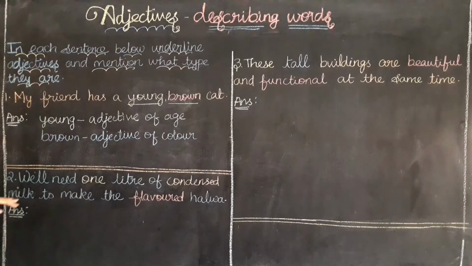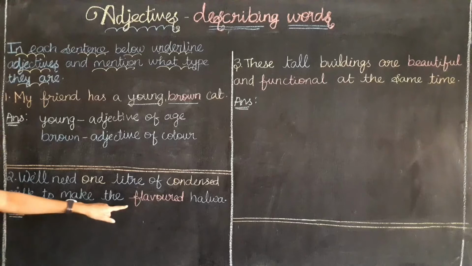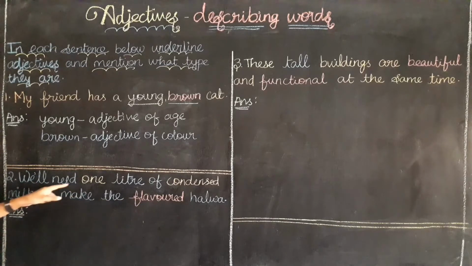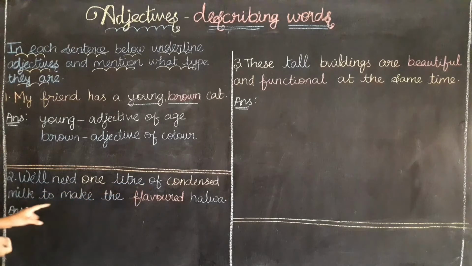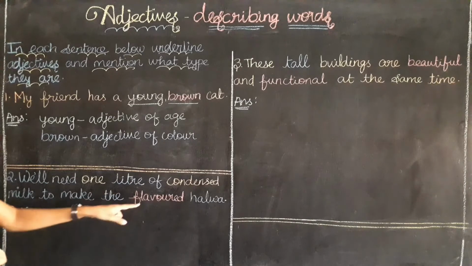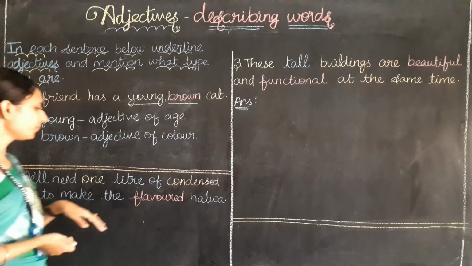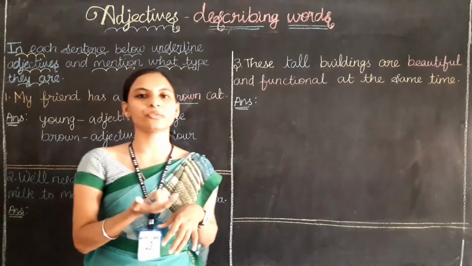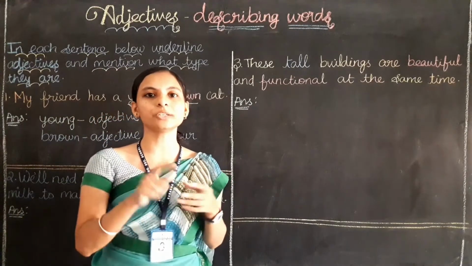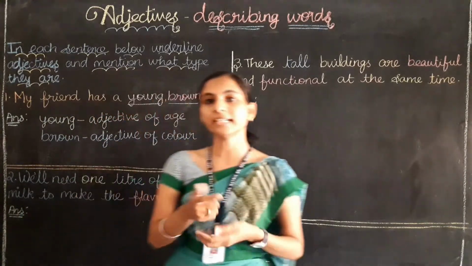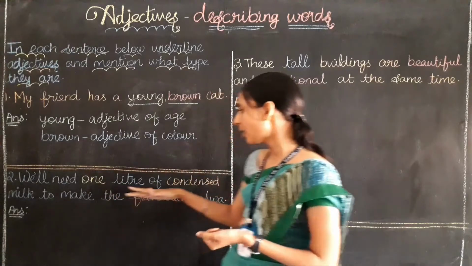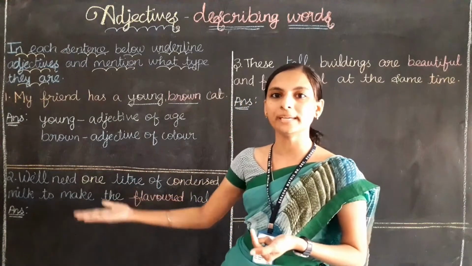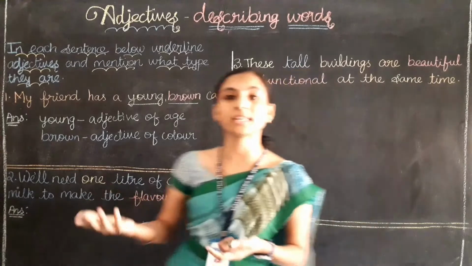We will need 1 liter of condensed milk to make the flavored halwa. We will need 1 liter of condensed milk to make the flavored halwa. So here we need 1 liter of milk, 1 liter of condensed milk to make the halwa. So here they are talking about the halwa. Also they have described the milk. So how much milk did they buy?